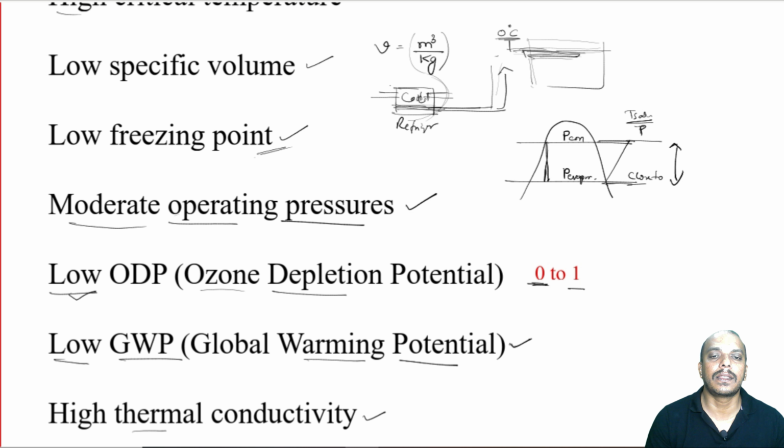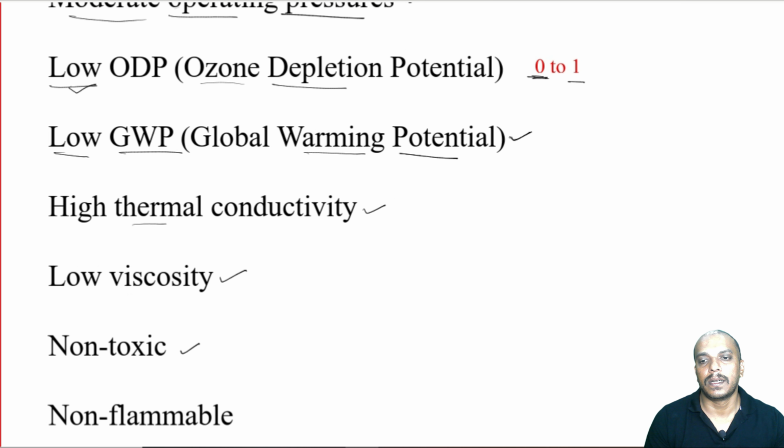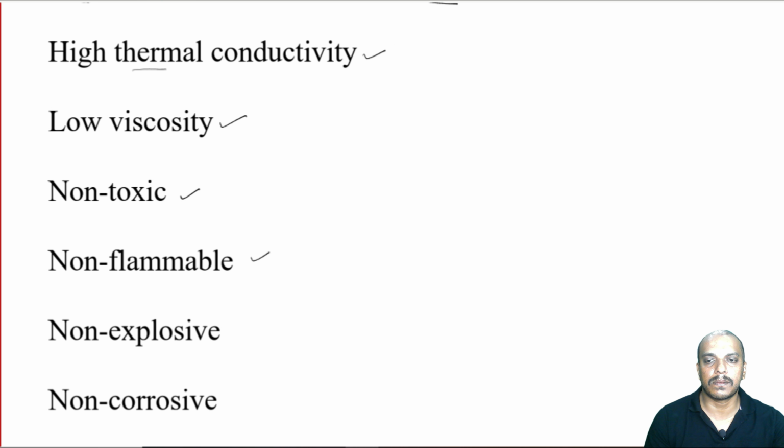So, it should have high thermal conductivity, and of course, it should have low viscosity. It should be non-toxic, non-flammable, non-explosive and non-corrosive. From the operating point of view, there are many such desired properties from the refrigerant. All right, we shall continue in the next class. Thank you.